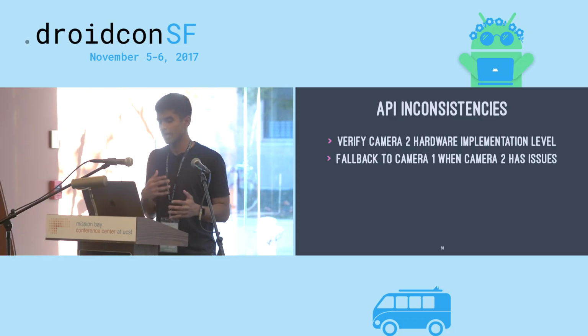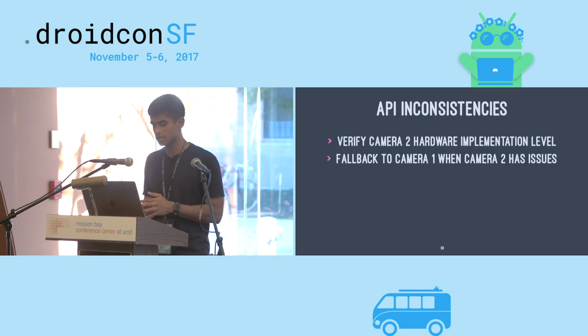Then whenever Camera 2 gives you a dark camera or any other issues that you see, try to run Camera 1 on there and see if the device responds properly.